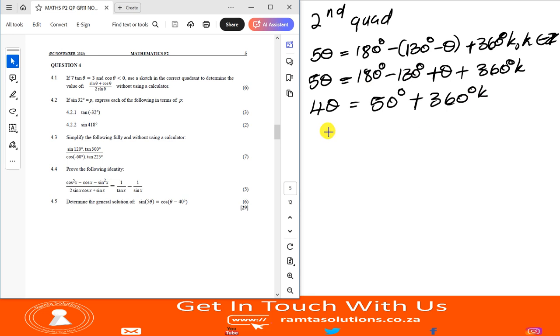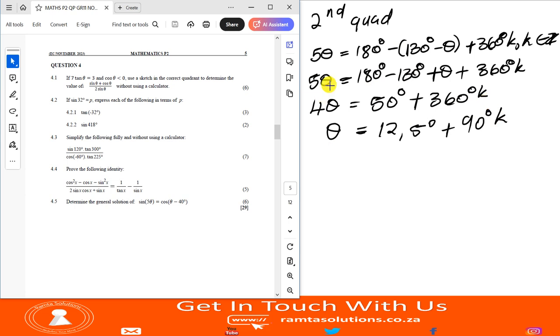Now, theta will be 50 divided by 4. 50 divided by 4 is 12.5, right? It's 12.5 degrees plus 360 divided by 4, which is 90 degrees k.